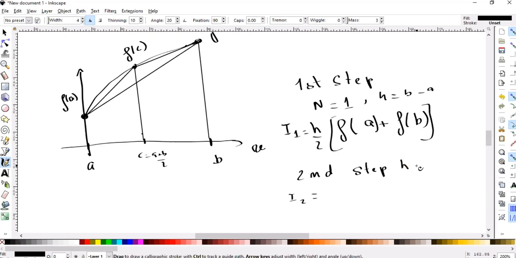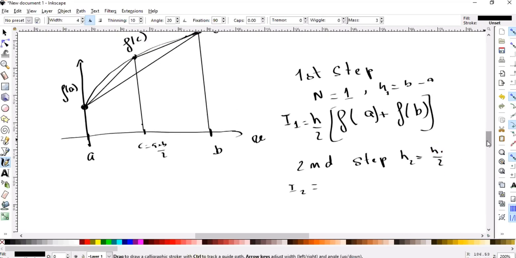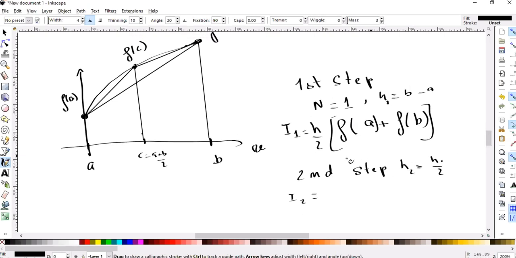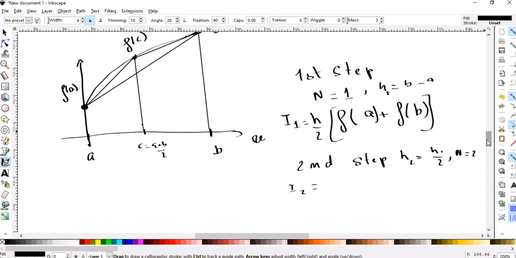Here H becomes H2, which is equal to H1 over 2, because we divided H by 2. And of course N here: we have two subintervals, so N equals 2 in this case.